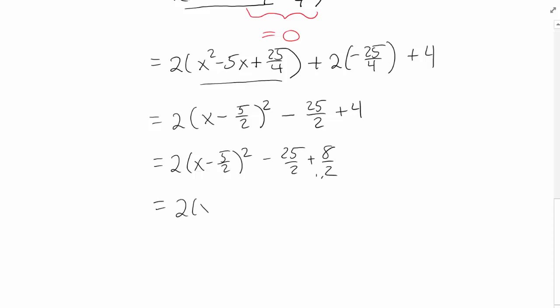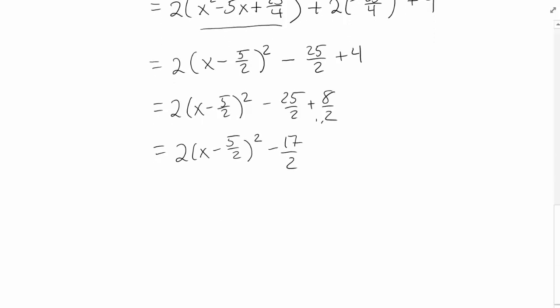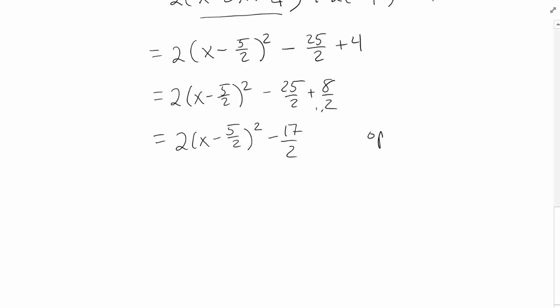Gives me 2 times x minus 5 halves squared, and then a minus 25 plus 8 is a minus 17 halves. So there it is in vertex form. It opens up because the 2 up front is positive, and then the vertex is at 5 halves, because it's always the opposite sign in there, and then a minus 17 halves.